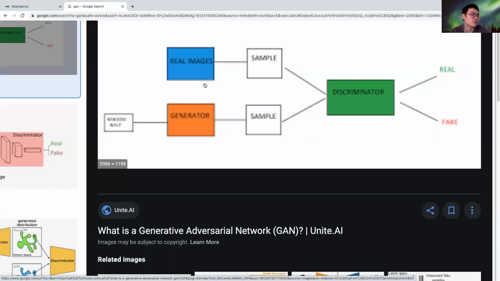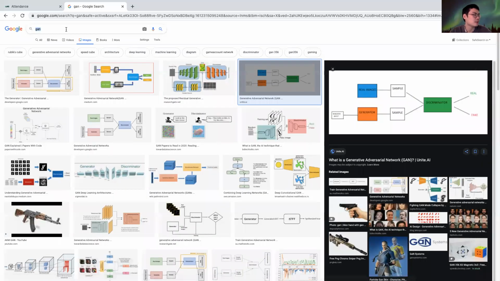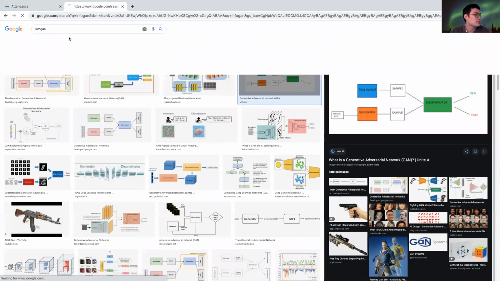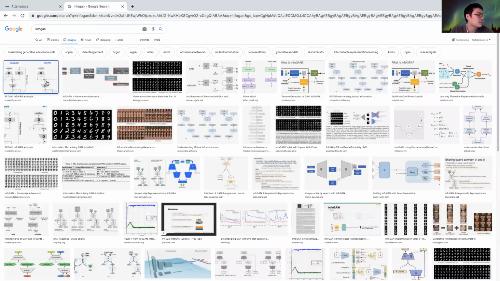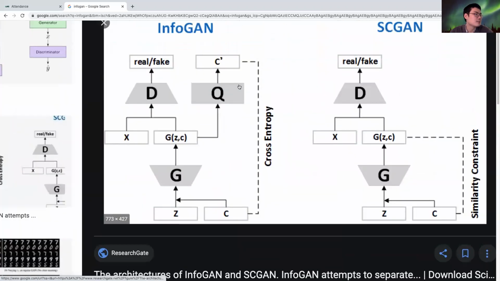Then you can train on the data. There are other variants. For example, InfoGAN, a different GAN model. Besides real or fake, I also want to predict whether it's, for example, a scattered dot. So you can have different models.